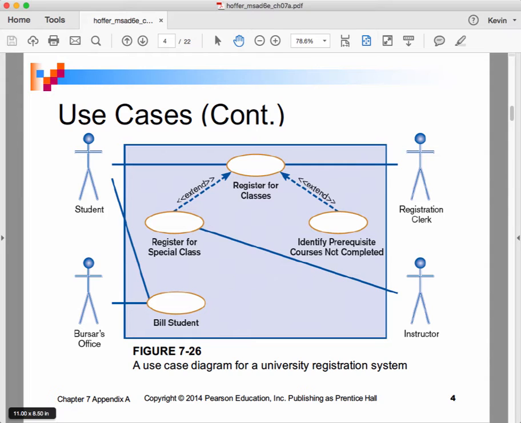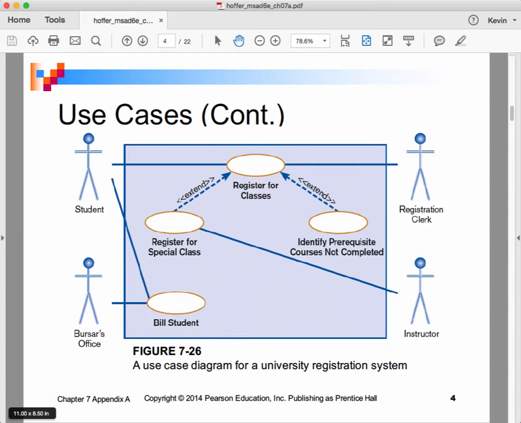So for instance, from that line we don't know what role they play in the use case. The use case is typically thought of as a narrative of the functions that go on in order to help the users get their job done. So we have a narrative that we're eventually going to write that's going to be associated with register for classes.